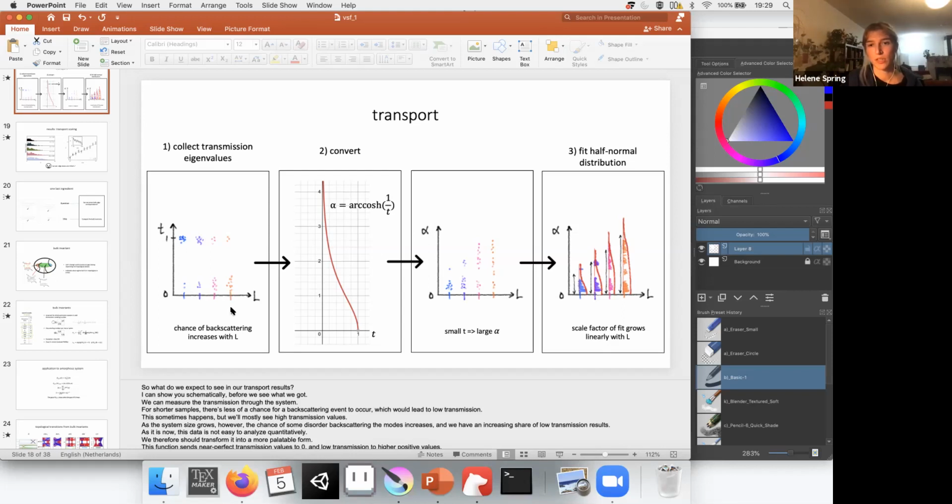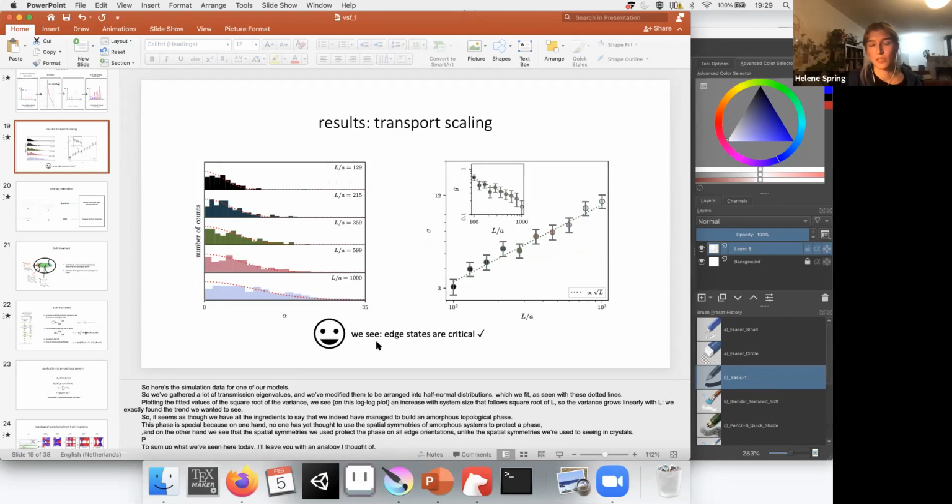Because otherwise, what we would get as a result is either extremely low transmission or extremely high transmission. And so this scaling relation that we see is only valid as a measure of the average transport in the system, not for each amorphous configuration is going to give something like this. Okay, thank you. Sure.